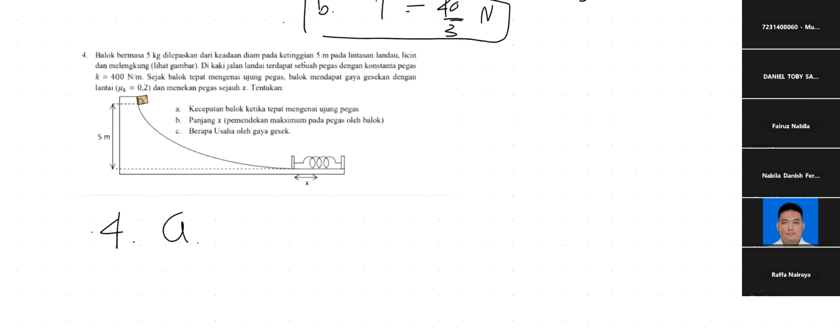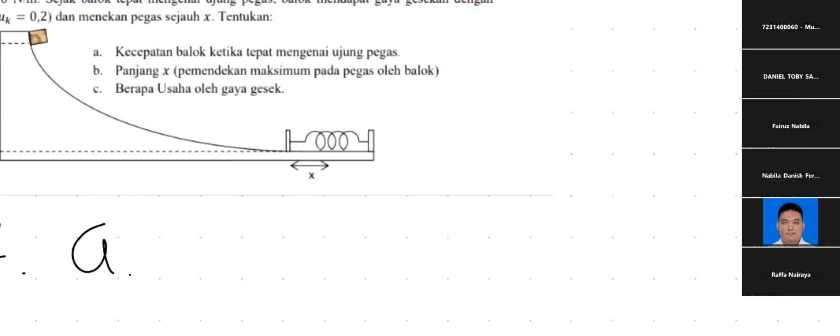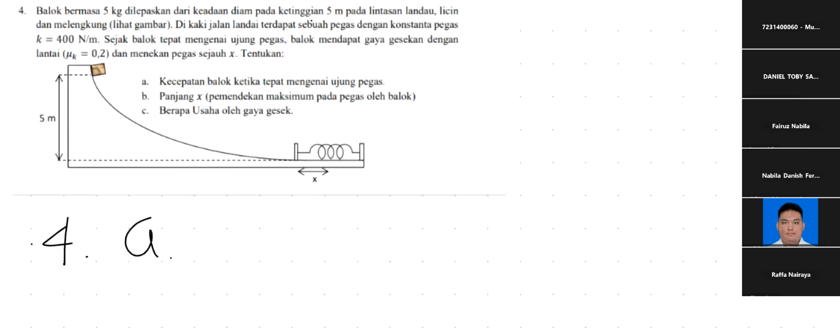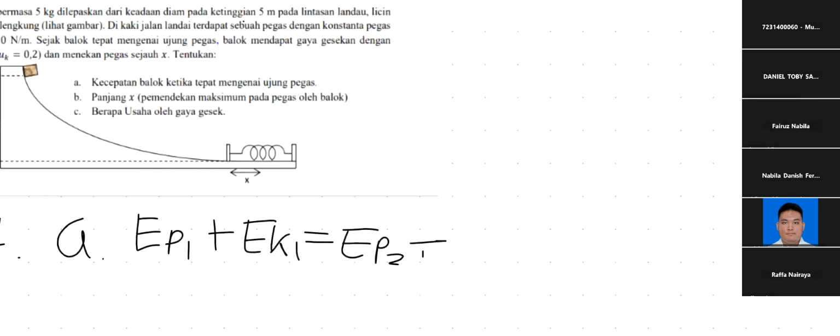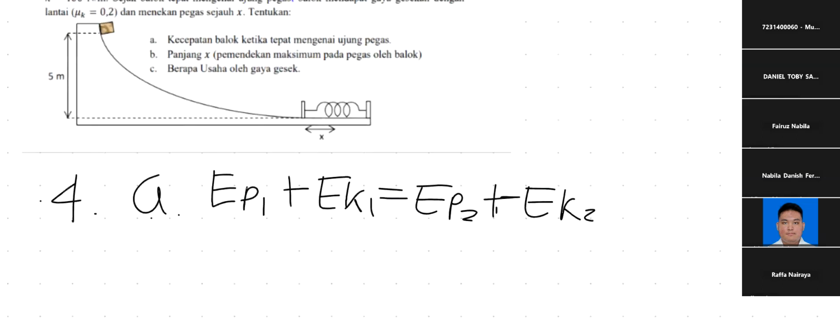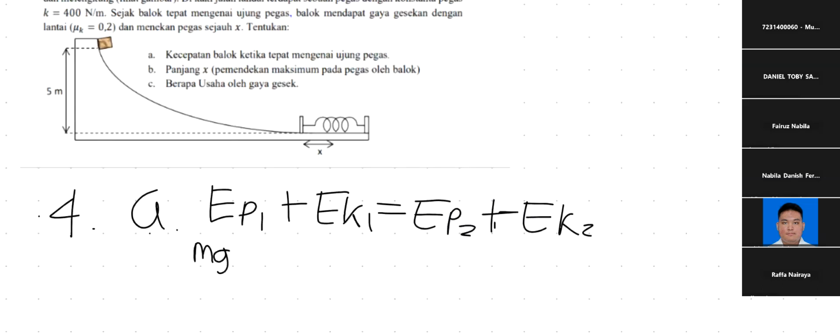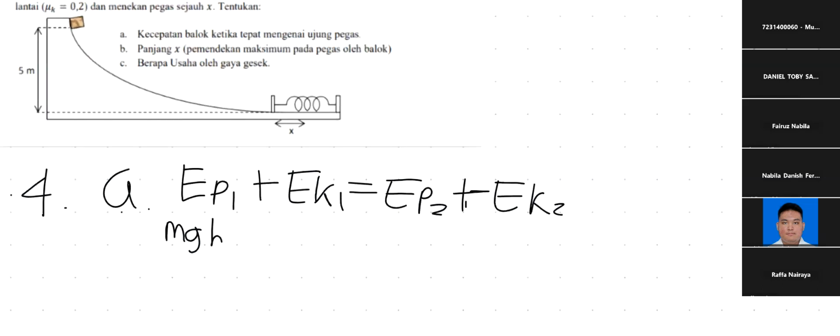Okay, if you still remember from today's class, we have what is called conservation of energy. So the energy of a system is constant. We know that the potential energy is mgh.